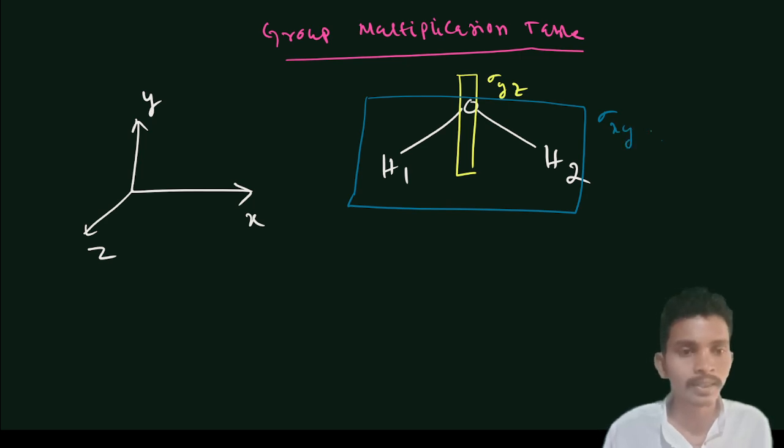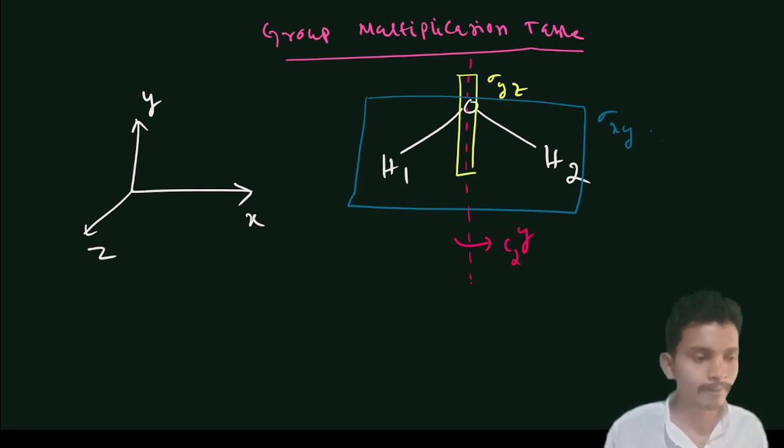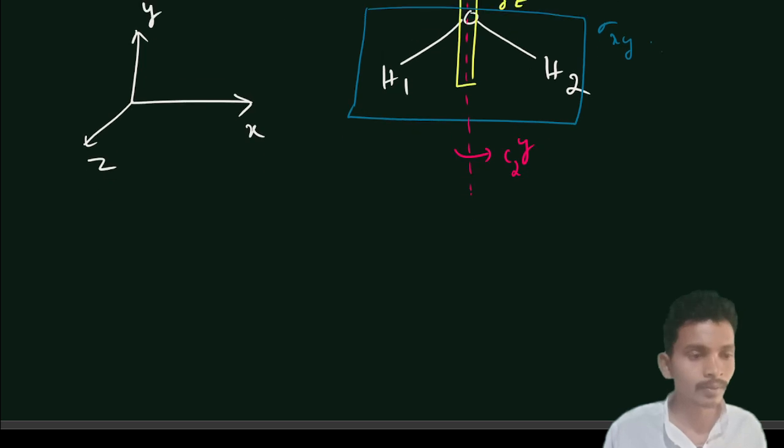And we have one axis, that is the C2 axis. So this C2 axis is along C2y. Okay, so these are the symmetry elements, or symmetry operations, we have.